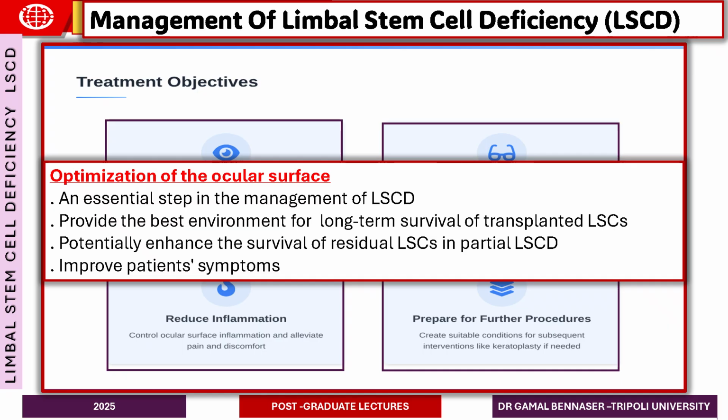This will guarantee the long-term survival of the transplant and enhance the function of the residual surviving limbal stem cells in a case of partial limbal stem cell deficiency, and will also improve the patient's symptoms. So by understanding these targets, we will work to try to fulfill them.